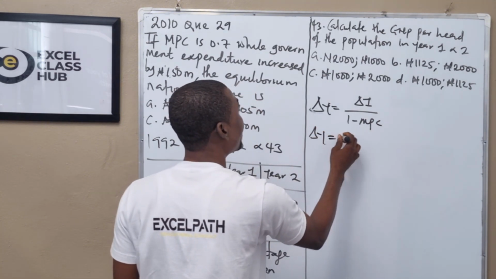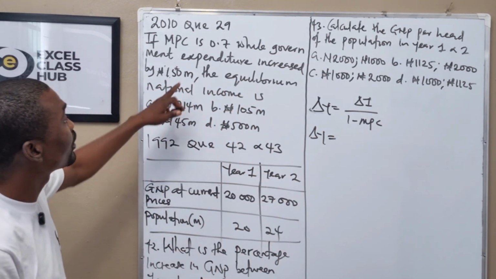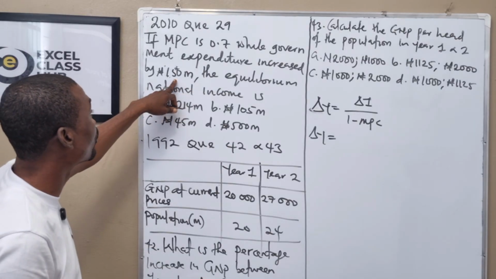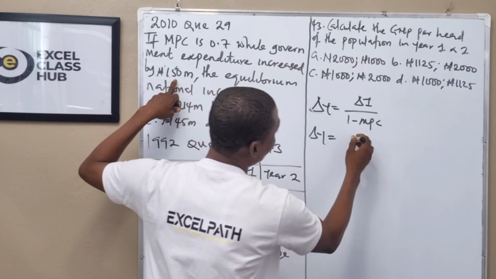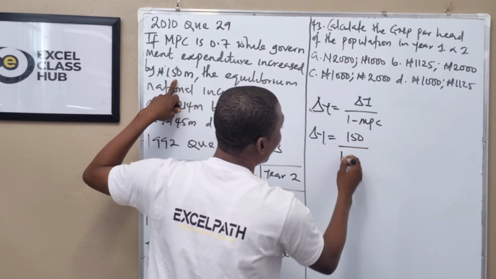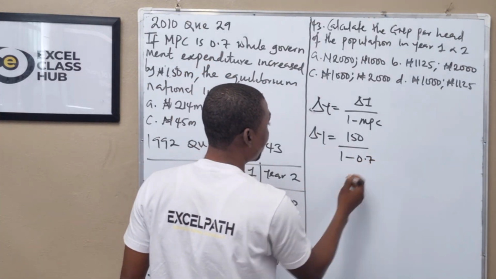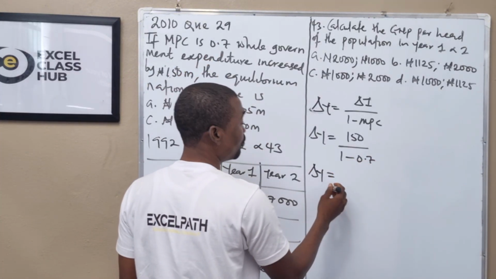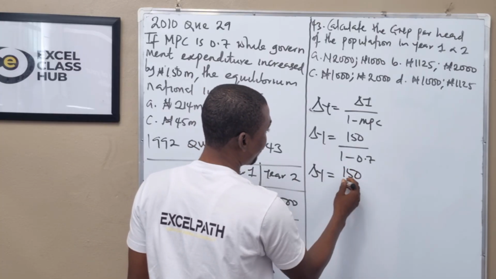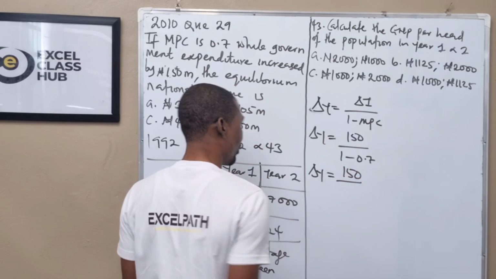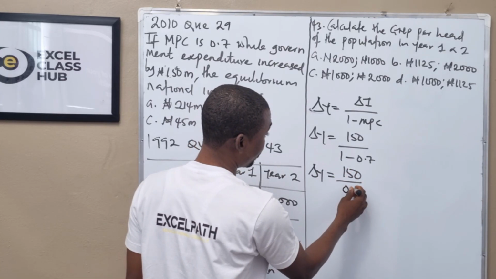So change in Y is equals to, we're told that government expenditure increased by 150 million. That is 150 divided by 1 minus our MPC in the question, which is 0.7. So we have change in Y equals 150 divided by 1 minus 0.7 will give us what?